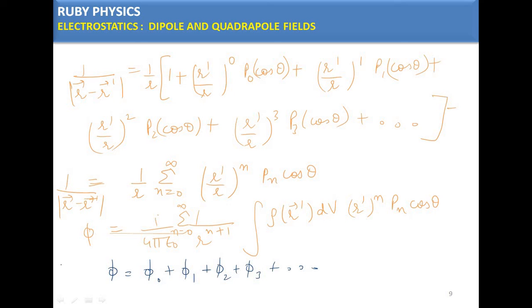So we can write separately the values of phi naught, phi 1, phi 2, and this will give us the monopole term, dipole term, quadrupole and octupole and so on. Phi naught can be written as 1 upon 4 pi epsilon naught r integral rho dv. This is the potential for the monopole term.